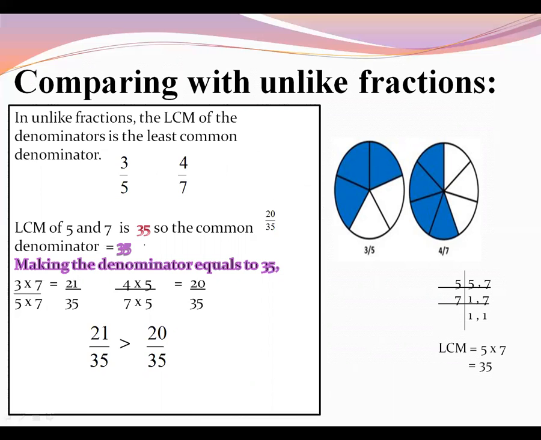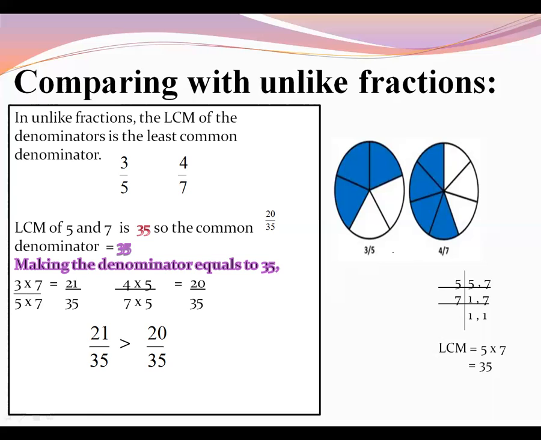Over here, I have taken two unlike fractions, unlike in the sense that they have different numerators and different denominators, and the same is depicted with the help of the diagram as well. I have taken two circles of the same size, but their denominators are different.